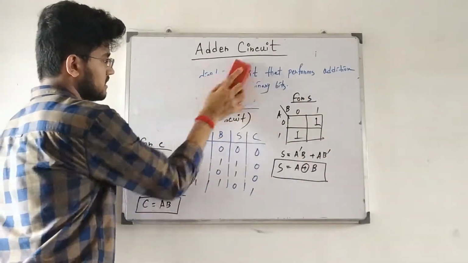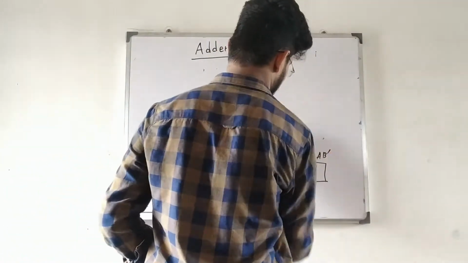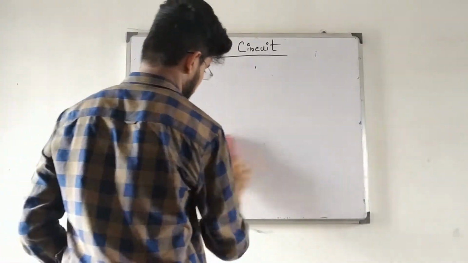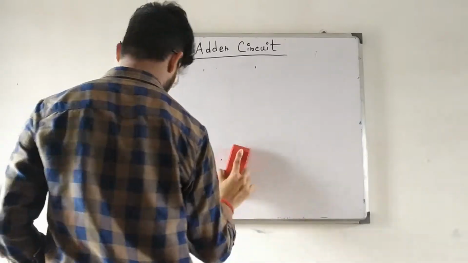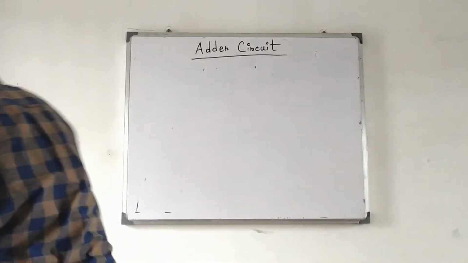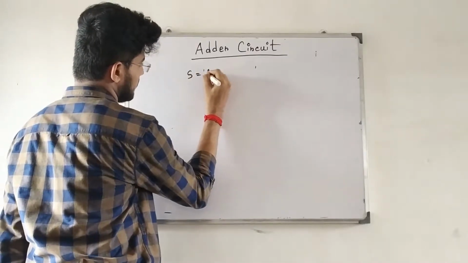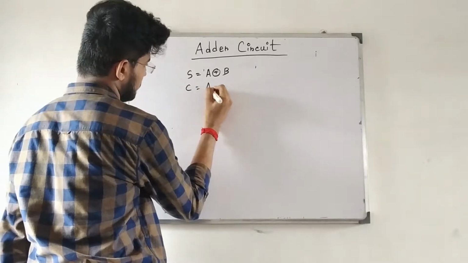If we draw the circuit, then it will look like this. S is equal to A XOR B and C is equal to AB.